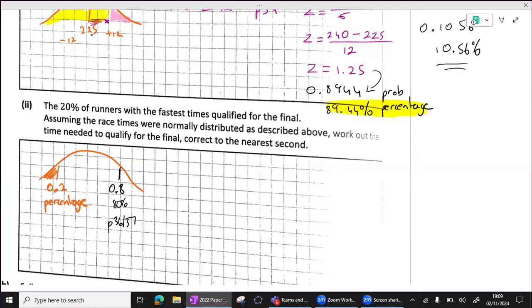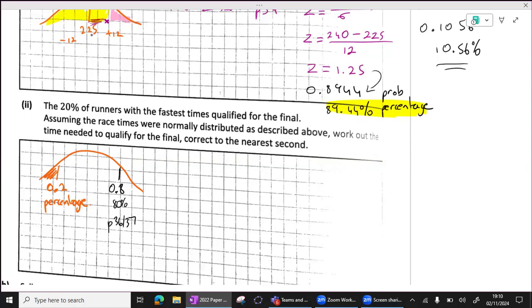So I'm going again to page 36, 37. Because this is a decimal or a percentage, not a z-score, these are the things that are actually in the table, not the heading and the column down the side. It's not the ones in bold, it's the 4 decimal place numbers. So let's find 0.8 within the table.